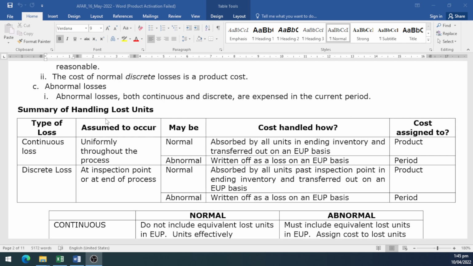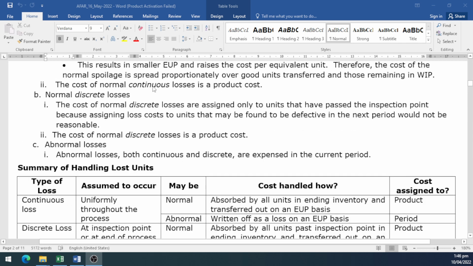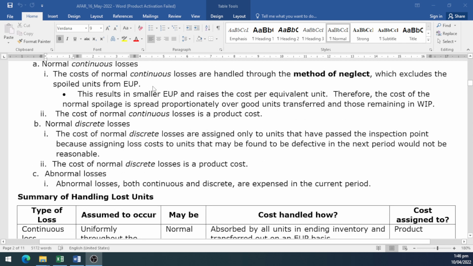Pag normal continuous loss, method of neglect. Mansinin nyo to class, the cost of normal continuous losses are handled through the method of neglect, which excludes the spoiled units from the EUP.